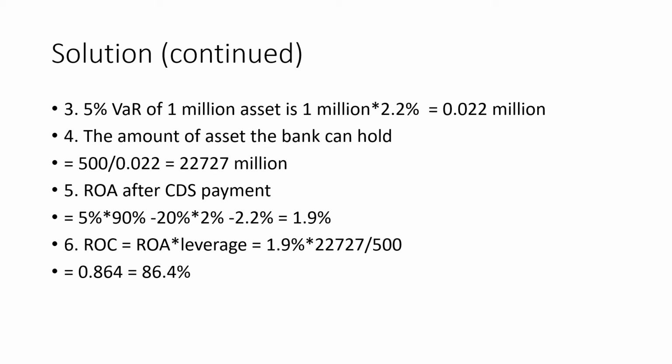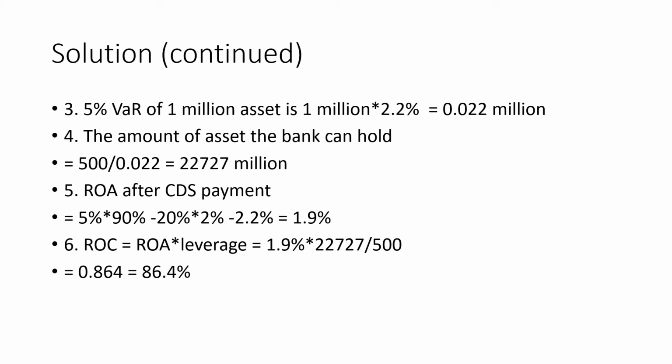5. Return on asset after CDS payment is 5% times 90%, because when you make a positive earning, nothing changes. And when you make a negative return up to 20%, the insurance company covers all the loss.